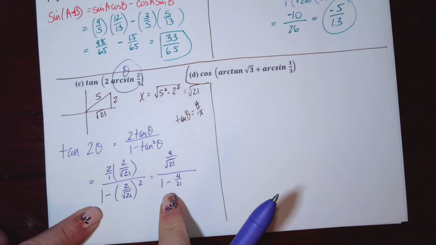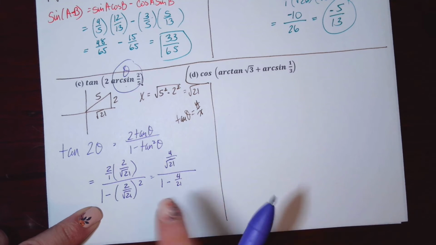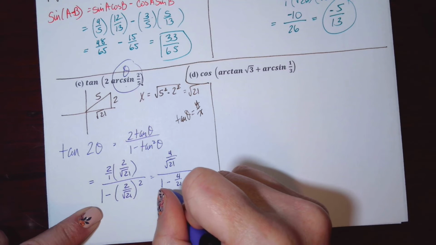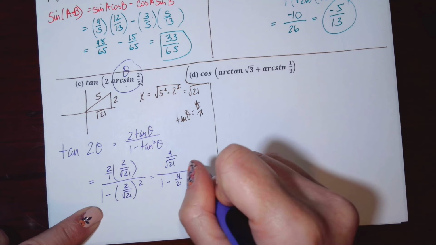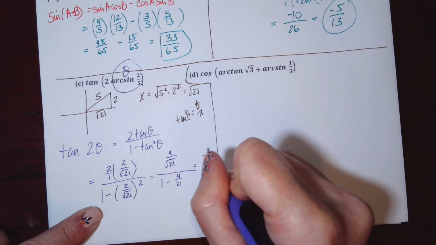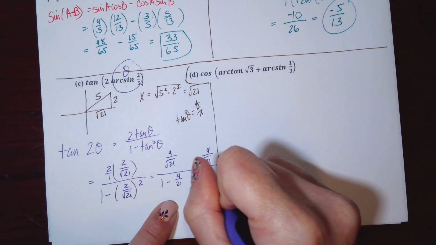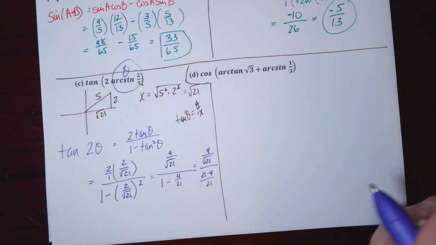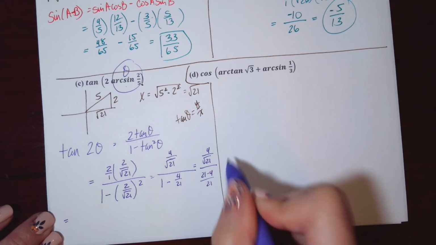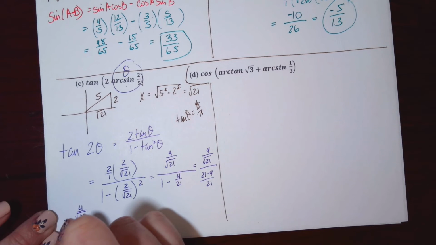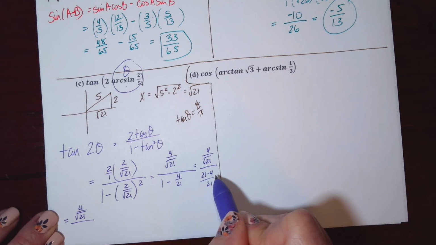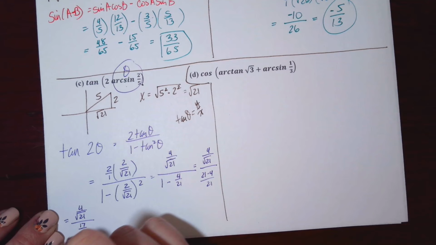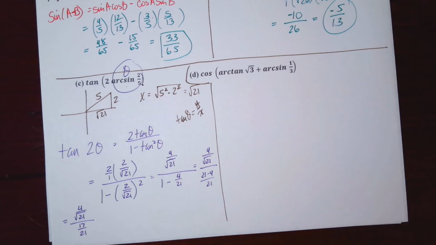Well, to subtract a fraction from 1, I need to make a common denominator. So I'm going to rewrite this 1 as 21 over 21. We're going to leave that numerator alone, 21 minus 4 over 21. So down here, I've got 4 over square root 21 over 21 minus 4, which is 17 over 21.